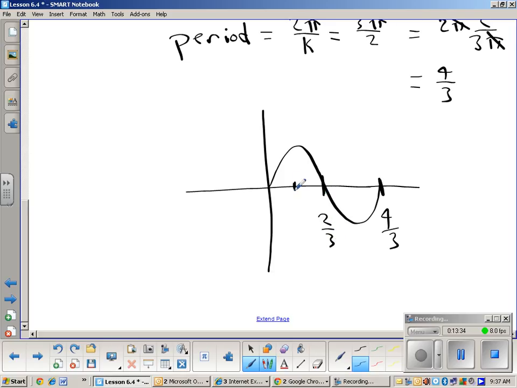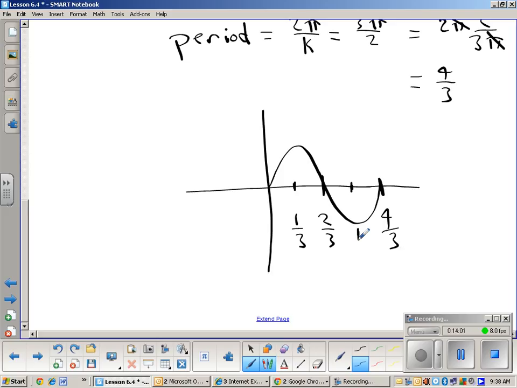What is half of 2/3? 1/3. And here's the tricky part. This one is 3/3, which is 1. Okay, sorry, I didn't look at it right. So we get 1. There's no pi on this scale, is there?